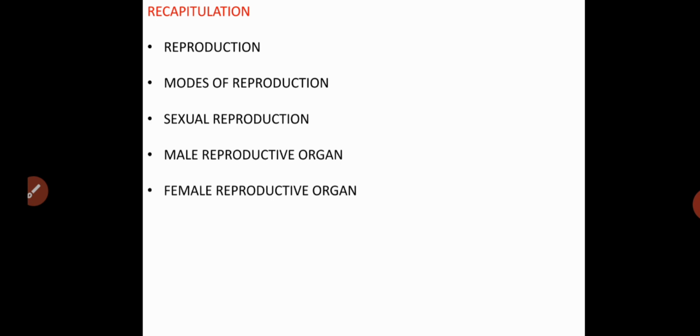Under sexual reproduction, we learned the structure of the male reproductive organ, and now the structure of the female reproductive organ. So these are today's topics. In the next class you will learn a few more things about reproduction.